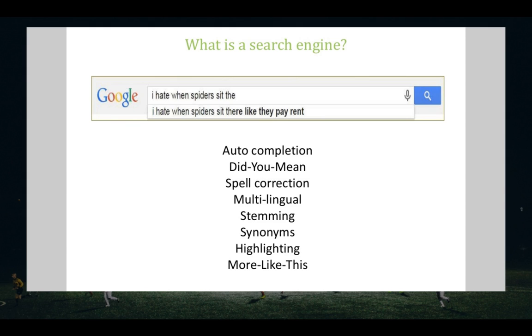Elasticsearch is a search engine. When you use Google to search something, you have seen features like auto-completion, "Did you mean this?", spelling correction, multilingual search capability, stemming, synonyms, highlighting, and more features like this.